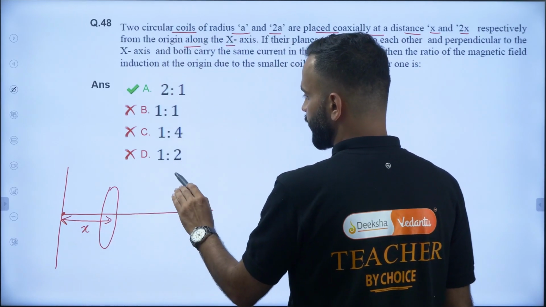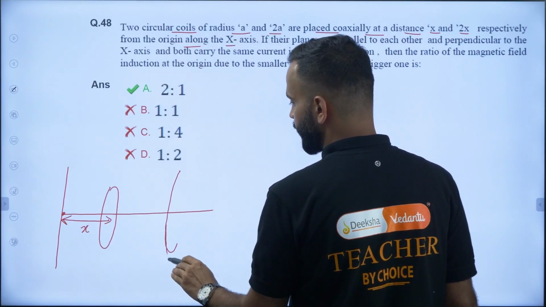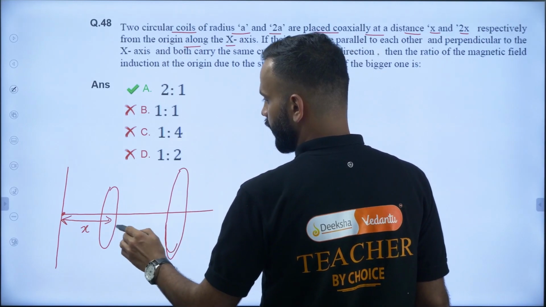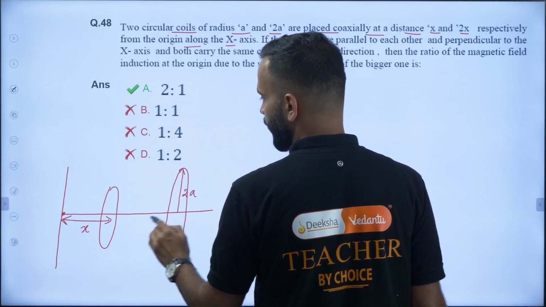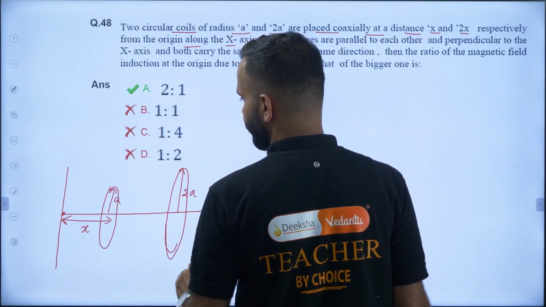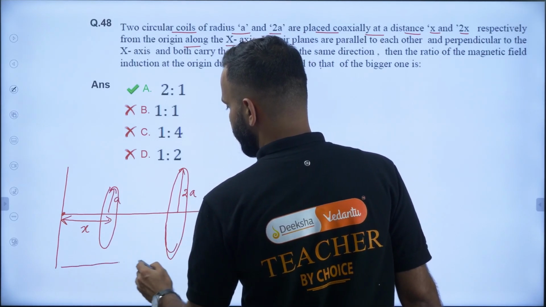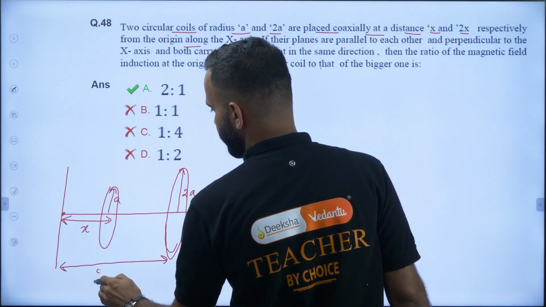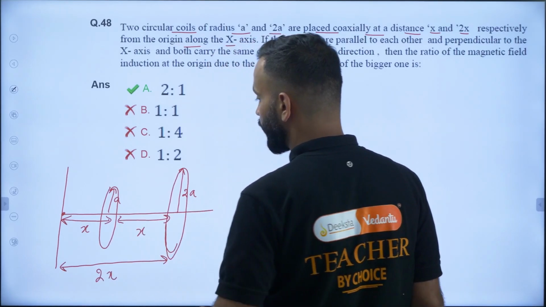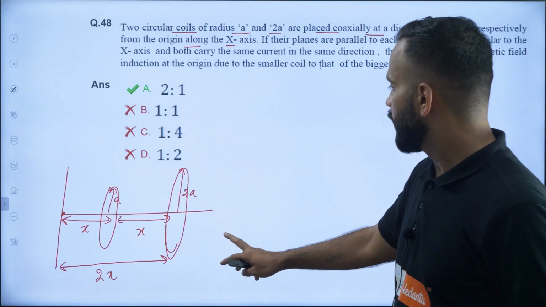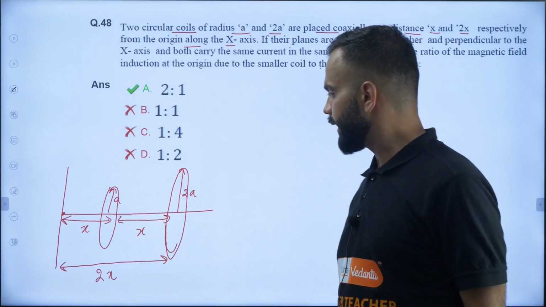Now another coil is placed at distance 2x from the origin. The radius is 2a. Here the radius is a. Here the distance will be 2x from the origin. So the remaining distance will be x, between the centers of the two coils.